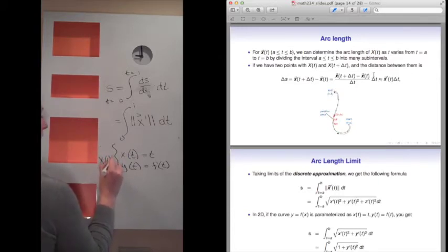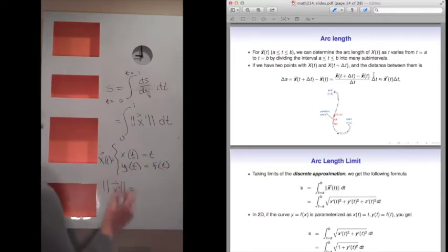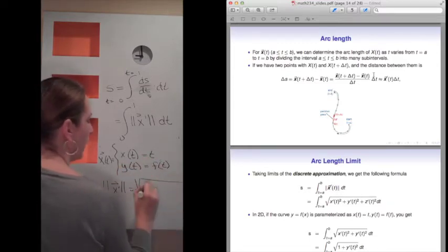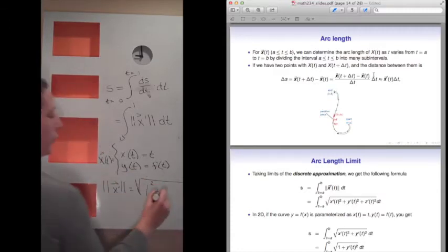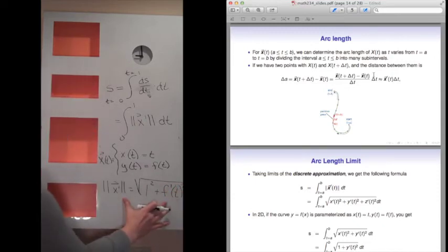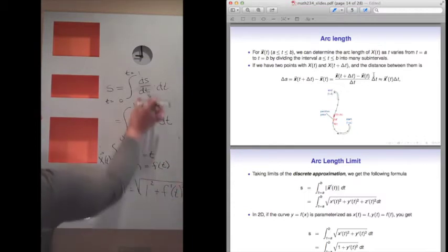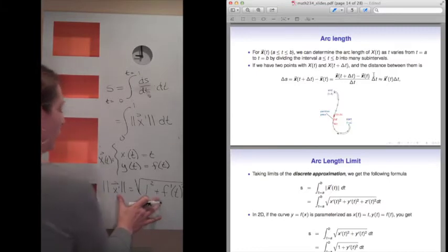so this is the vector x of t here. What I get for the length of the vector, when I differentiate the x coordinate, I get 1. And when I differentiate the y coordinate with respect to t, I get f prime of t. So I square that. And that's actually this 1 plus f prime squared that you've seen in your integrals, a special case of this more generalized formula.